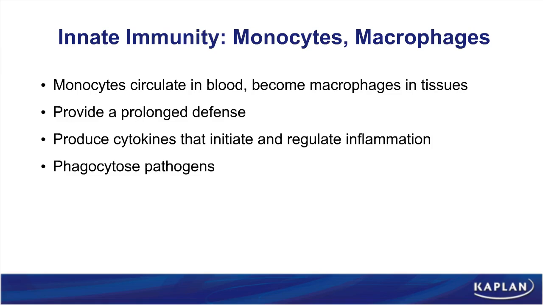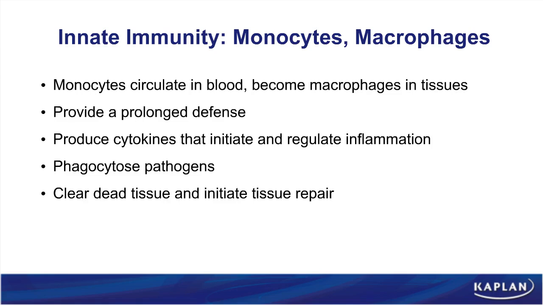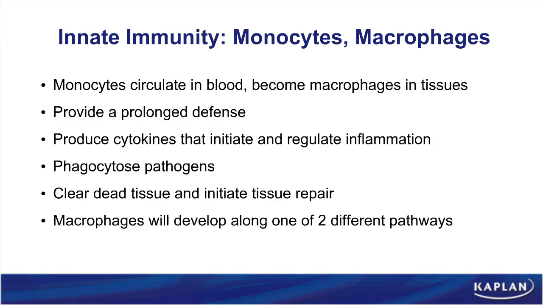One of the additional functions that macrophages can help us out with is to clear some dead tissue, and in the process help us to initiate tissue repair. What's interesting about macrophages, and what's sort of been elucidated a little bit more recently, is they can actually develop along one of two different pathways depending on their function, much like we sort of talk about with T cell subsets.